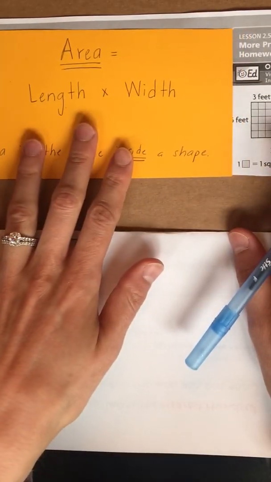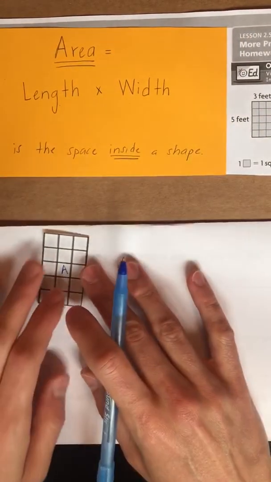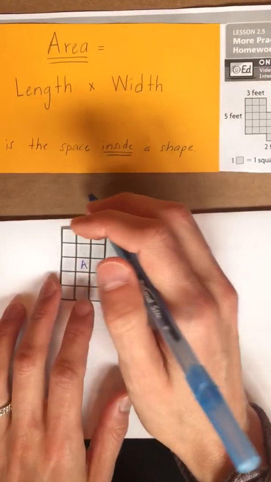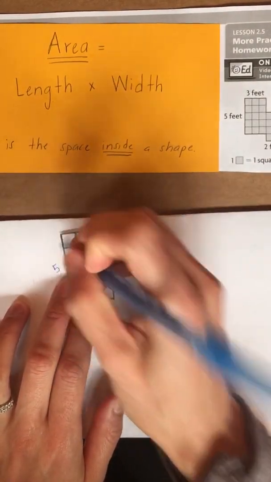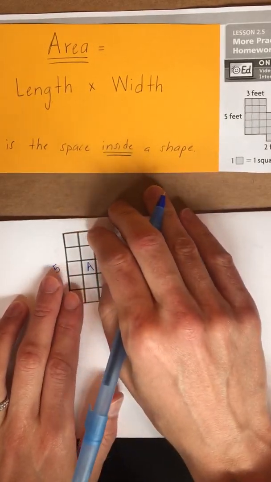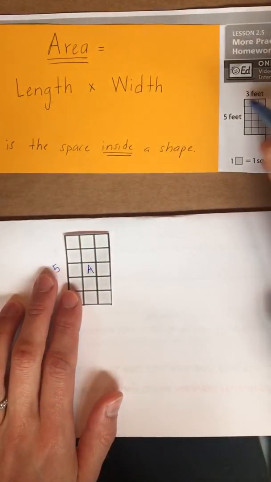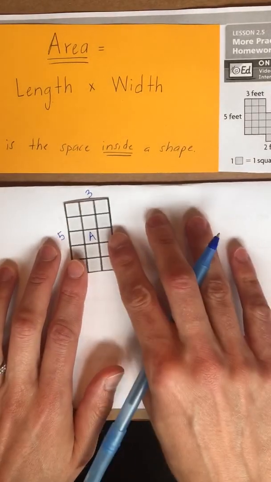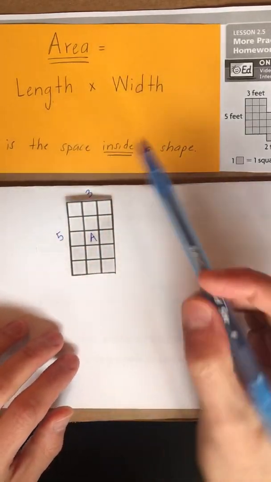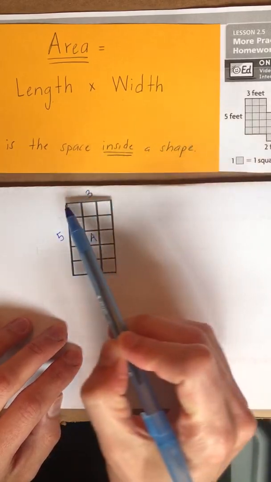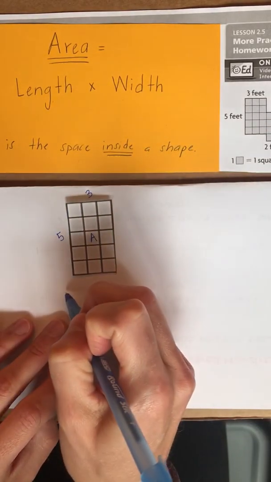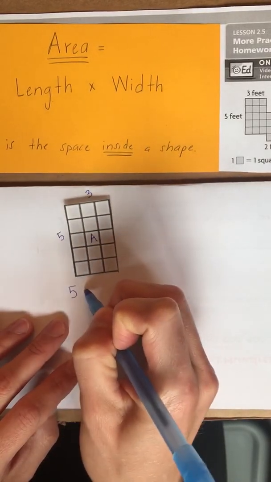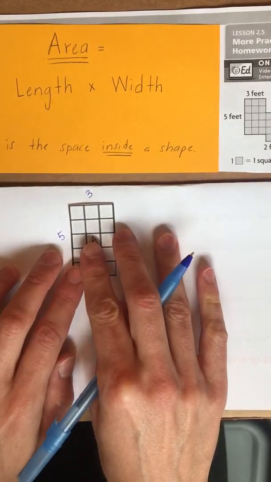So if I look here, the length of shape A is 5 feet, and the width of shape A is 3 feet. I'm going to find my area by multiplying the length times the width. So my area is going to equal 5 times what?